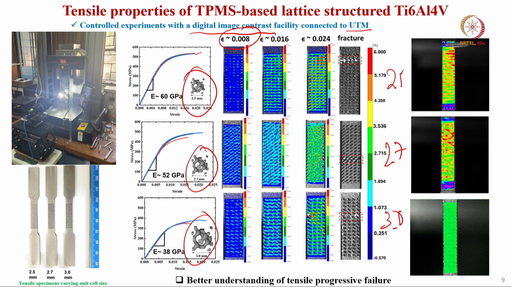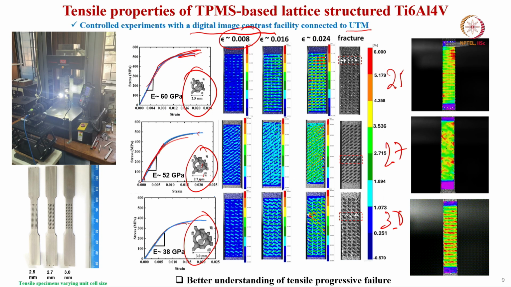What you see very clearly is that the initial part is perfectly linear, followed by a non-linear part, which goes up to a strain value of roughly 0.02. This non-linear part does not show clearly ductile behavior.